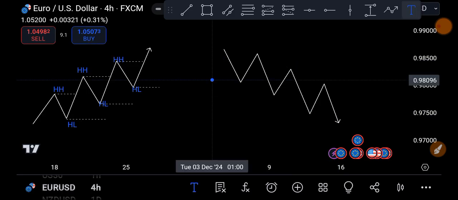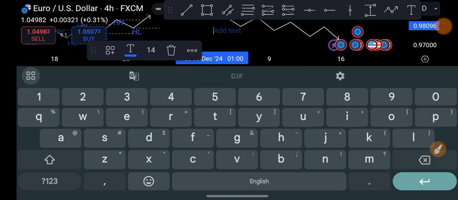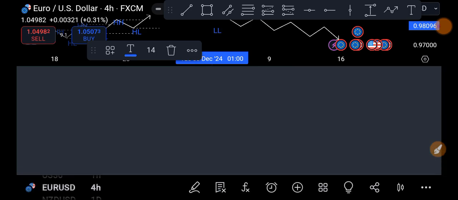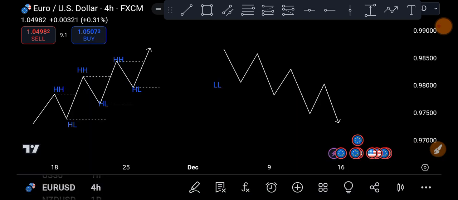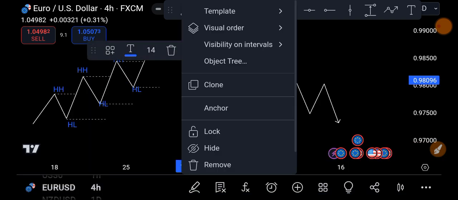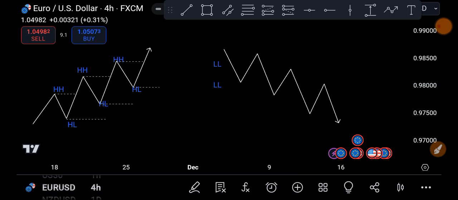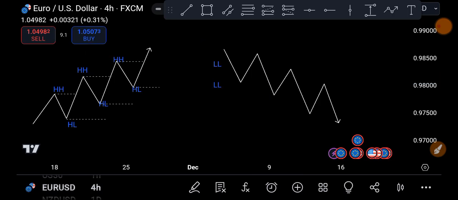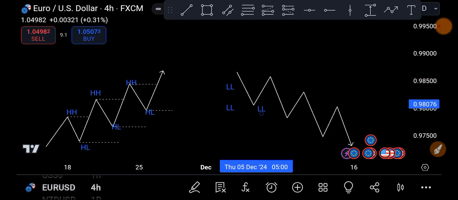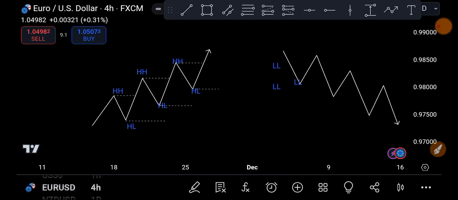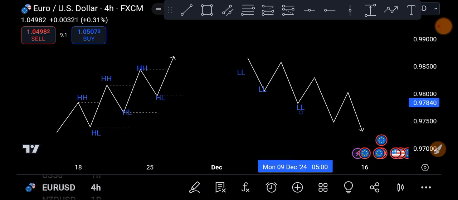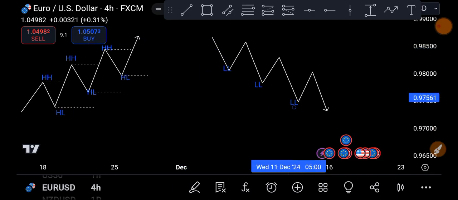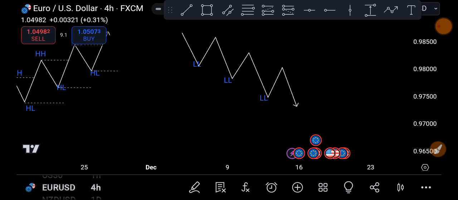As you can see, we have a lower low here, another lower low here, and another lower low here.